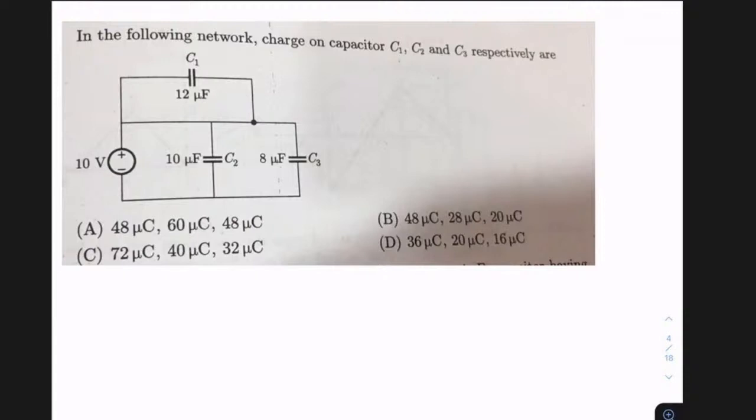How do you get it? We said one concept: in series, the capacitors contain the same amount of charge, and the charge in the equivalent capacitance is the charge of the individual capacitance. But once you connect the capacitors in parallel, the total charge is the sum of the individual charges. Now, the way to solve this one is, let me redraw the circuit.